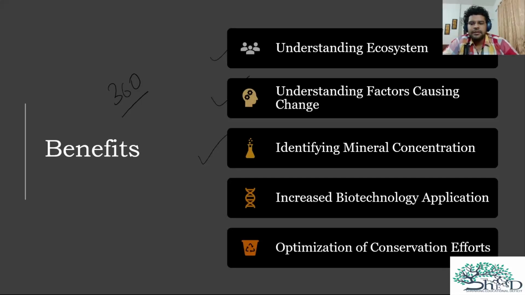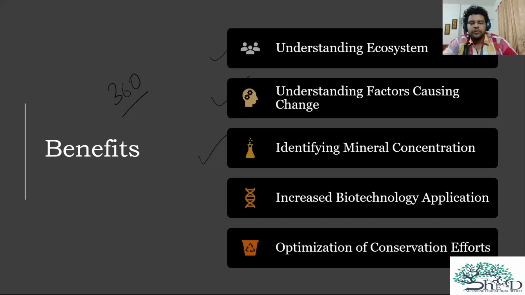Similarly, such research will help in identifying mineral concentration in the microorganisms. Due to pollution, a lot of minerals are flowing into the ocean, and to understand the effects of it, of course, we need to know how much mineral is there in the microorganism.